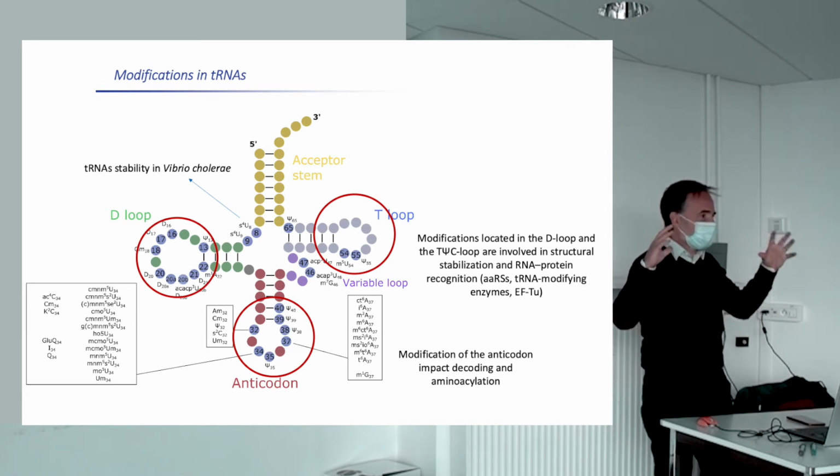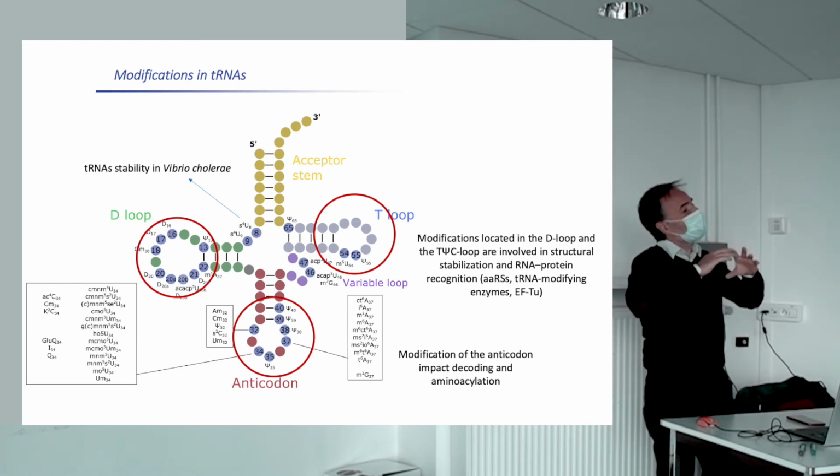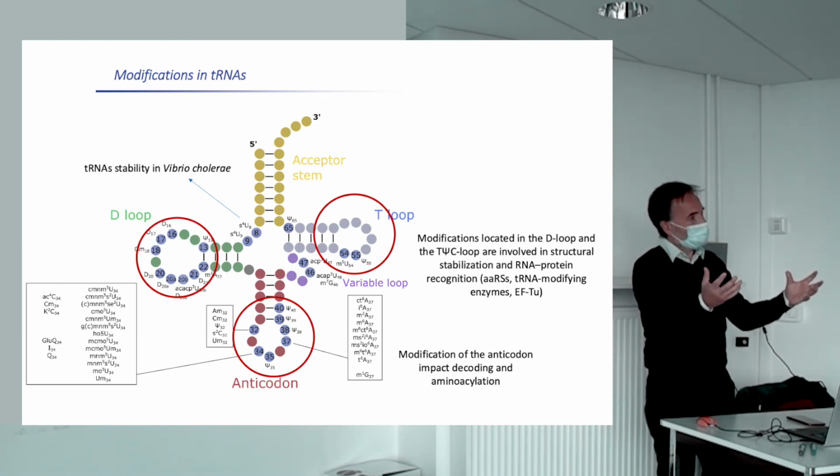The first spots that are usually modified are the D and T loops.